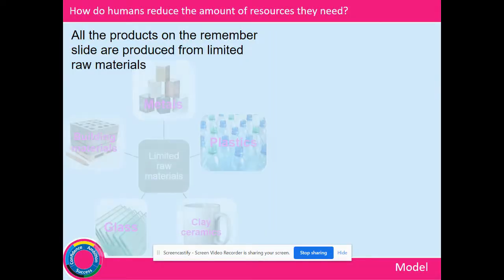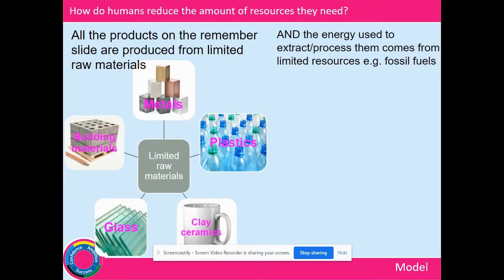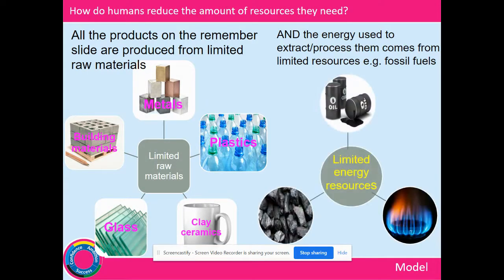We only have one planet and we have limited amounts of raw materials. To process those, to extract them, to transport them, and even to dispose of them normally requires energy, and that energy normally comes from the limited amount of fossil fuels that we have on this planet.